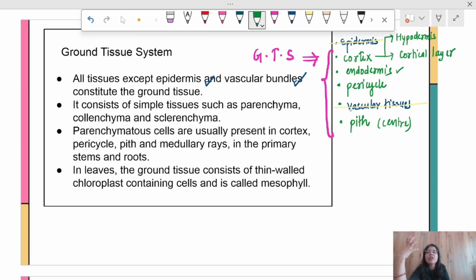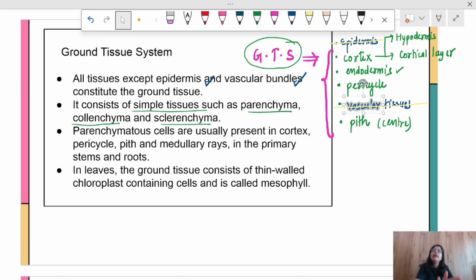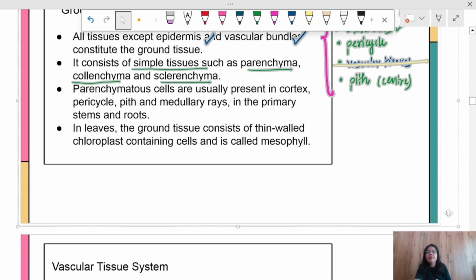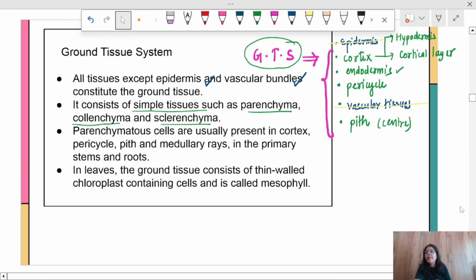So what you have to understand here is that the ground tissue system is made up of parenchyma, collenchyma and sclerenchyma, that is, simple tissues. I will tell you in different sections whether hypodermis is parenchymatous or sclerenchymatous. So the ground tissue system is made up of all different types of simple tissues. Understood?